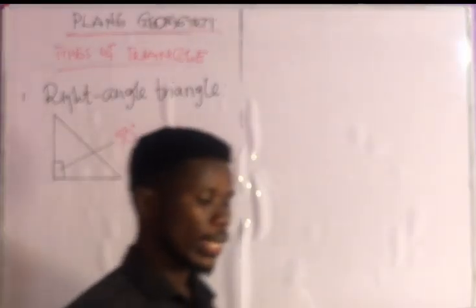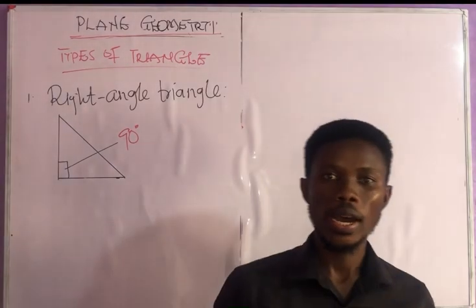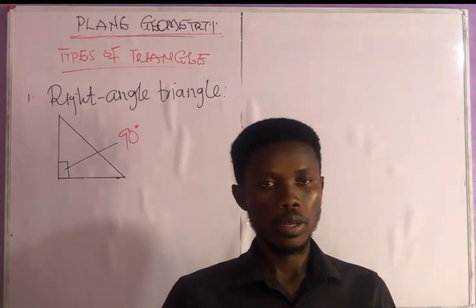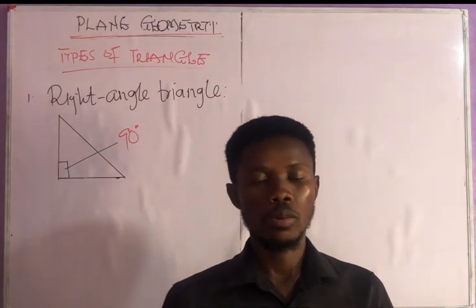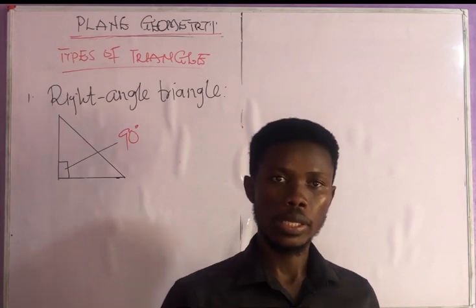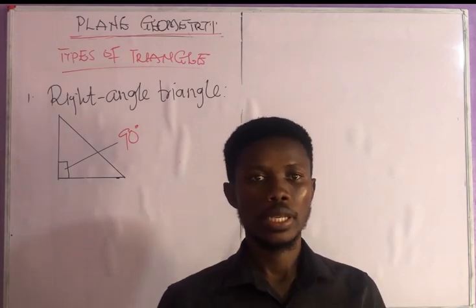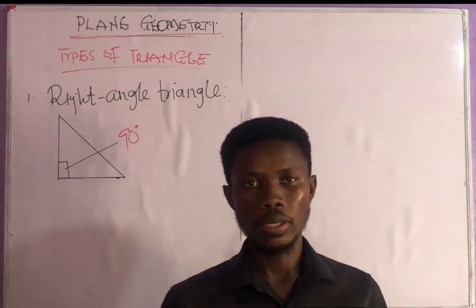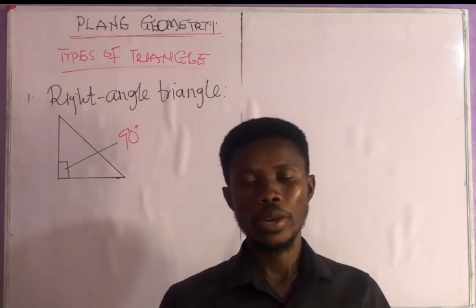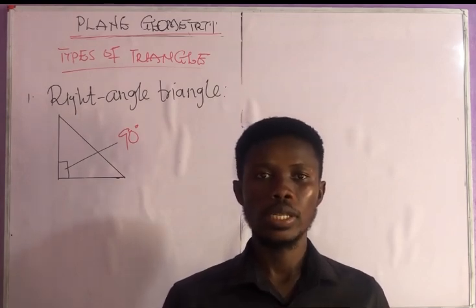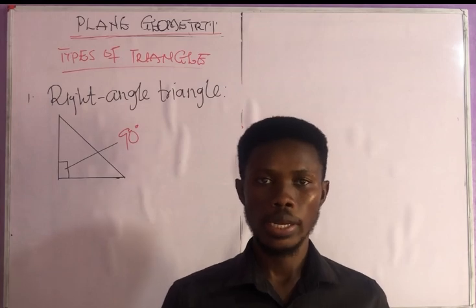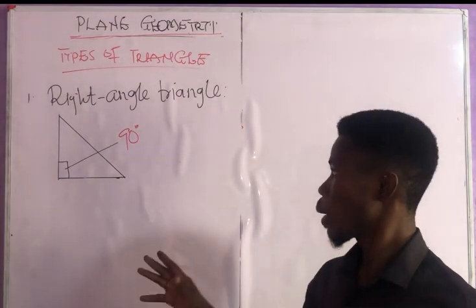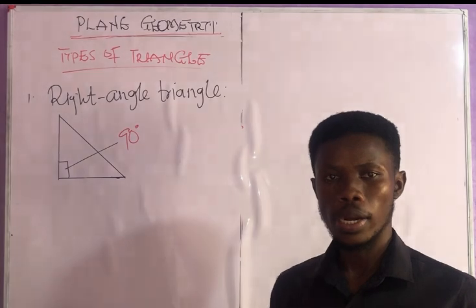So any triangle that has one of its angles being 90 degrees is a right angle triangle. All right, now let's move on to another type.